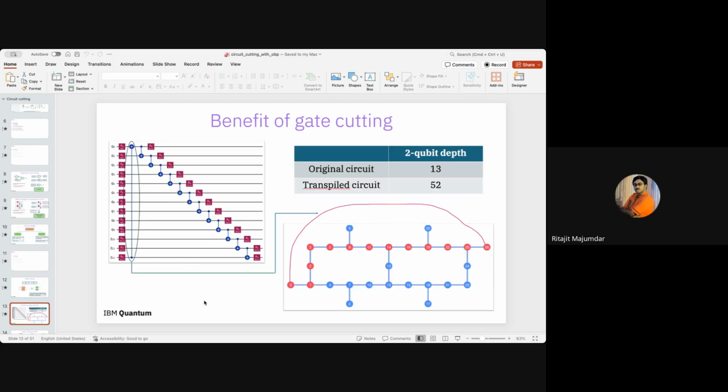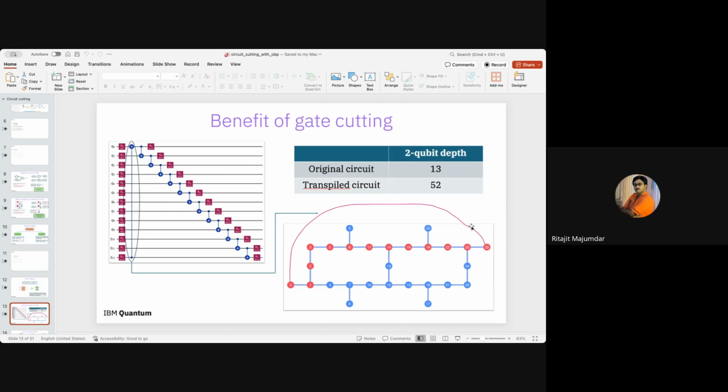Here is an example. Let's say this is a quantum hardware, the old 27 qubit devices, and you have a quantum circuit like this. In this part of the circuit, every i is connected to i plus 1, so you can easily have a straight line like this and it works. But look at this one.